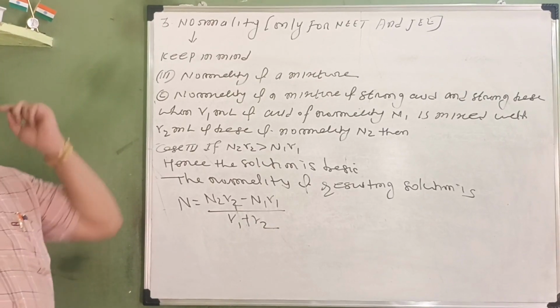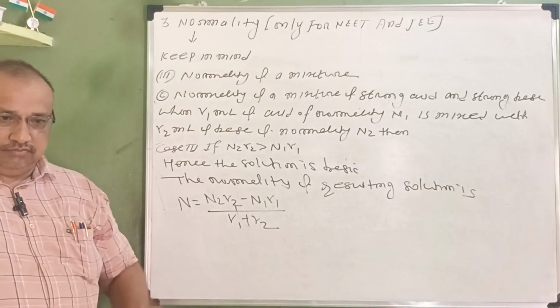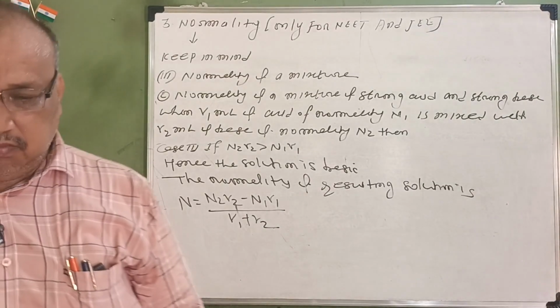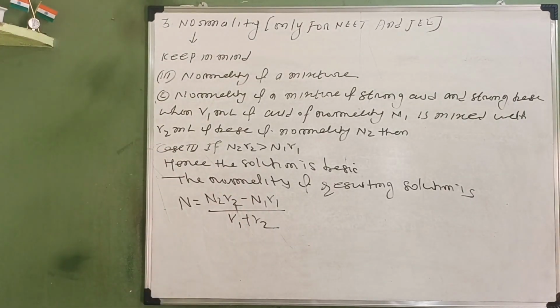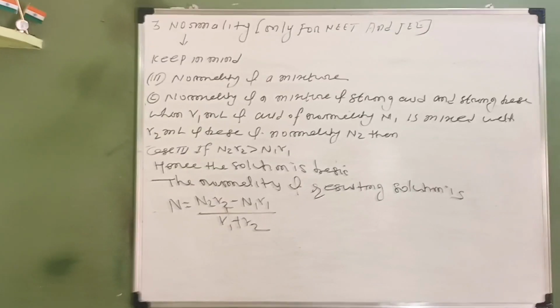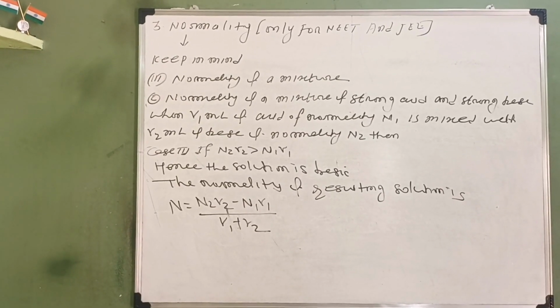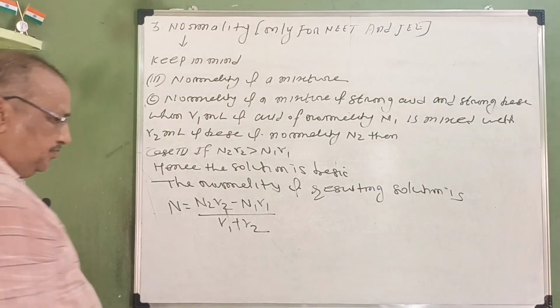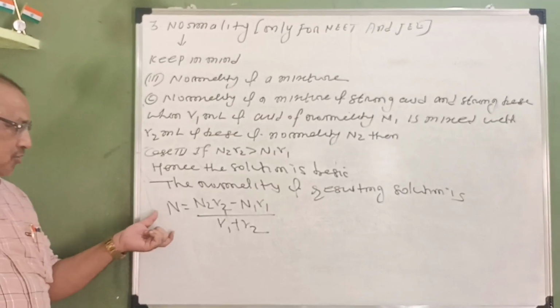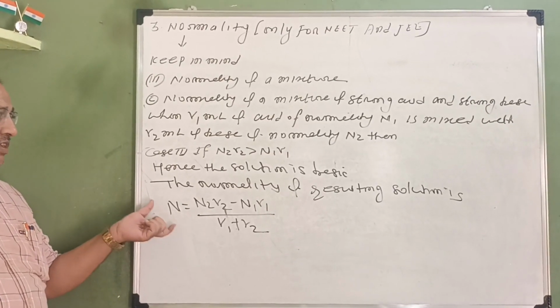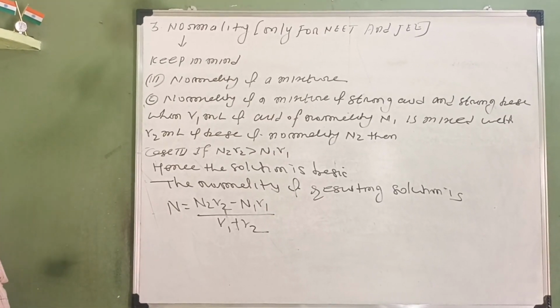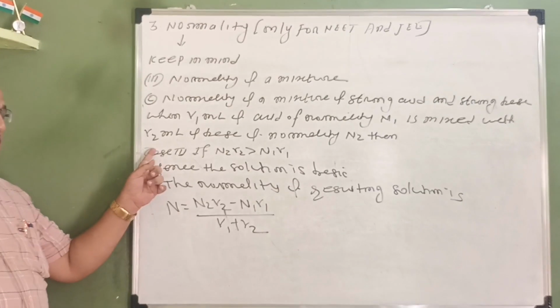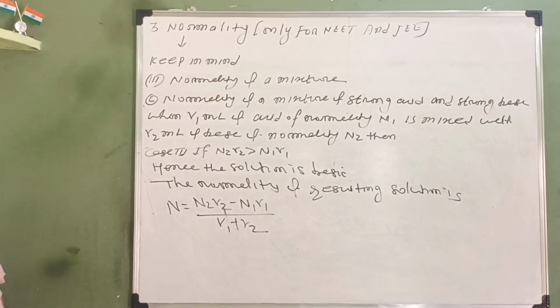Now this normality means, this is the concentration of OH minus ion. In the second case, that is the concentration of H plus ion.